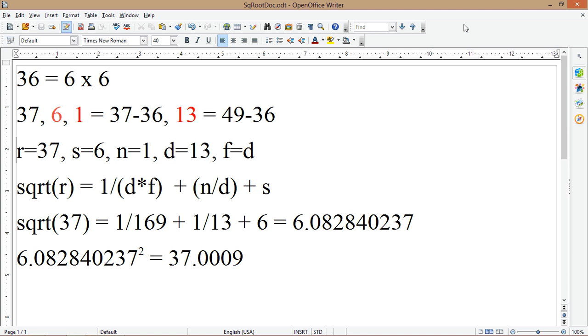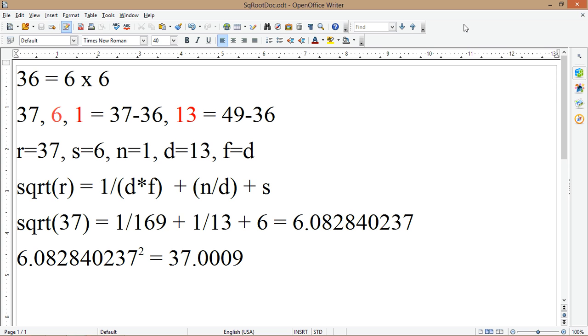So r is equal to 37, the number we're trying to find the square root for. s is equal to 6, n is equal to 1, d is equal to 13, and for 37, f is equal to d. Now, when we look at the square root of 38, you'll see why f is necessary. But for this number, 37, f is simply equal to d. So in other words, f is equal to 13.